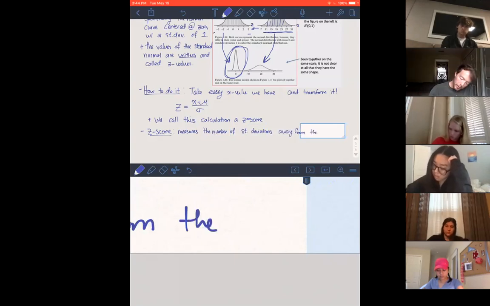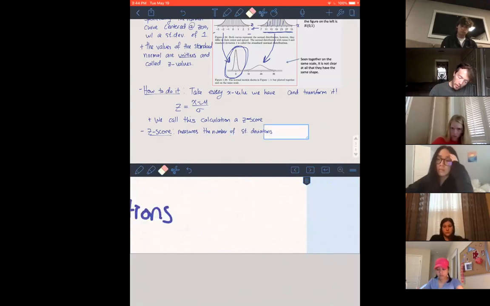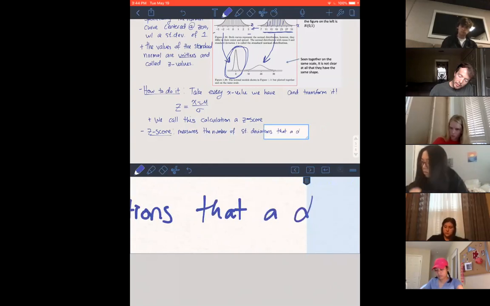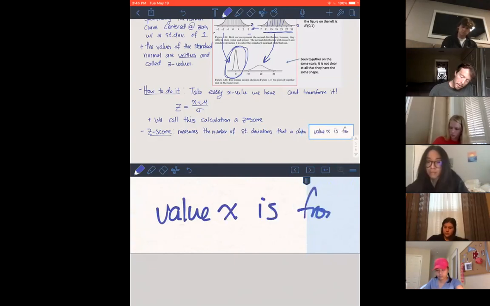Excuse me, I want to write this out differently. The number of standard deviations that a data value x is from the mean.